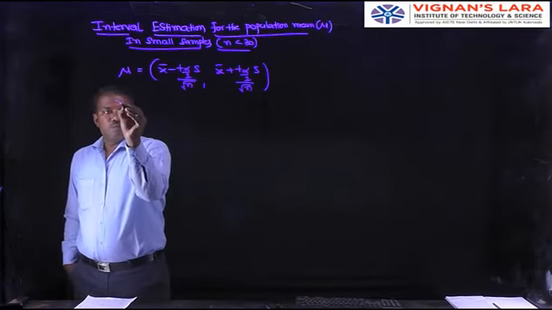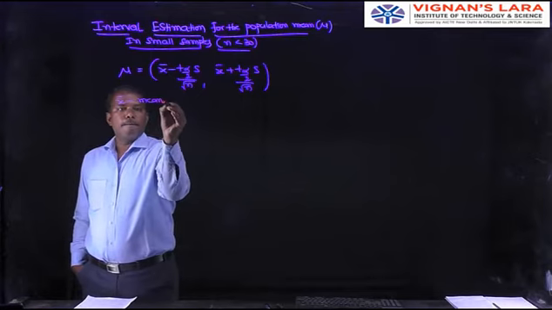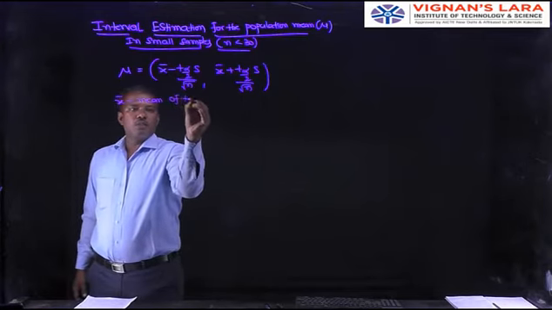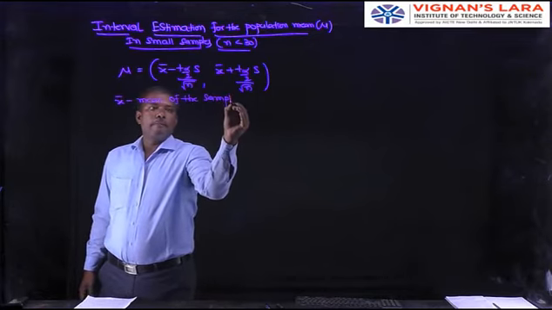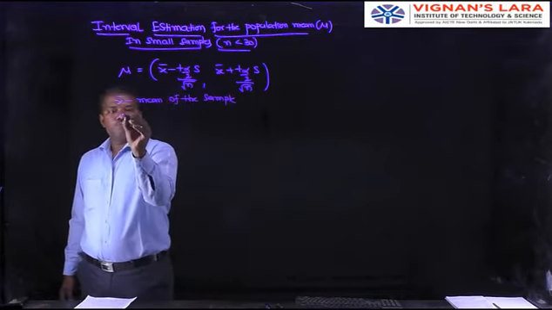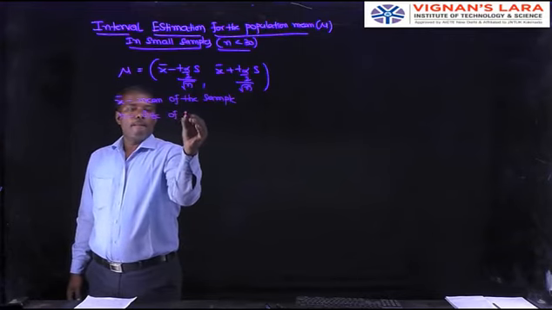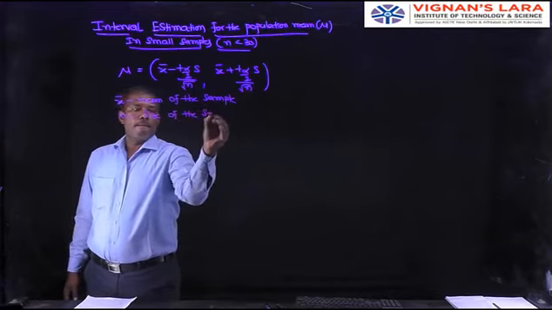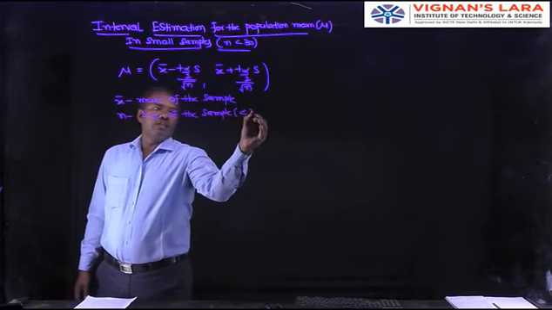What is x bar? X bar is the mean of the sample. n is the size of the sample, that is less than 30.